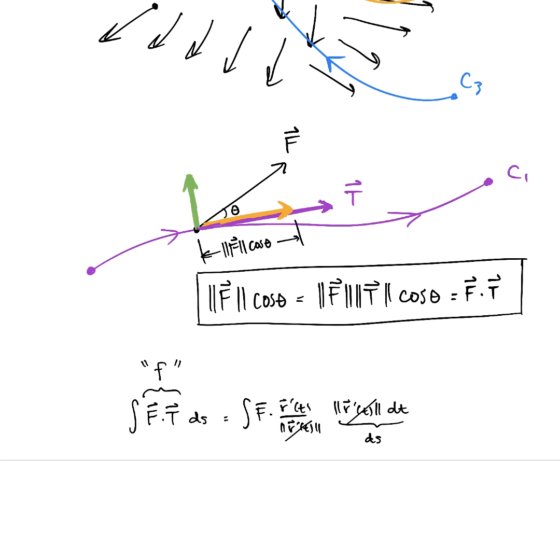So you're just doing the line integral over the curve C1 of f ds, where f happens to be big F dot big T.